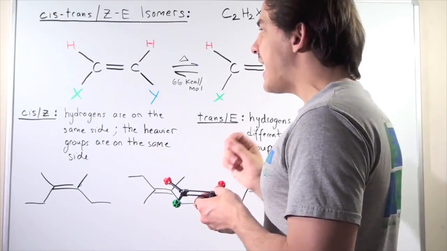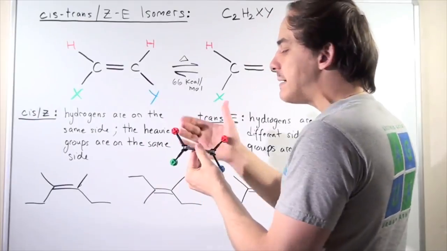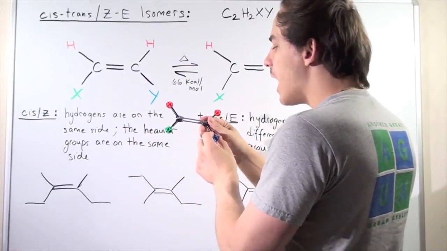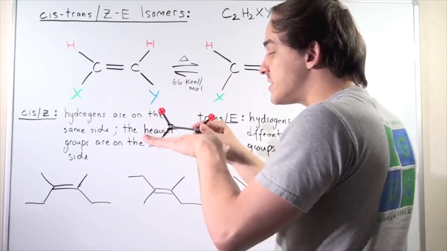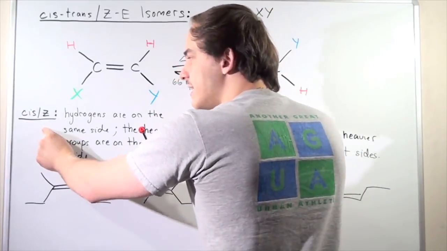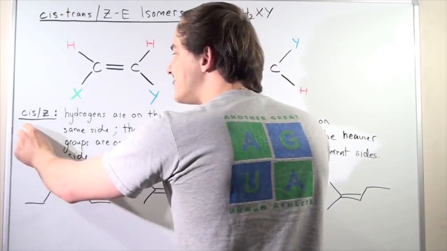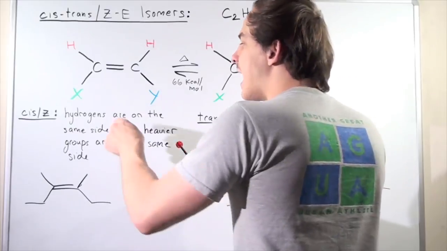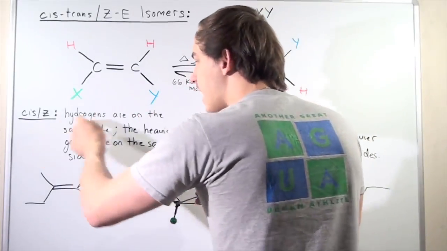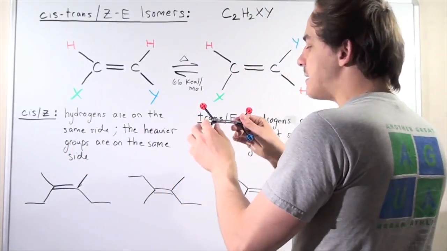Now, whenever we have the two H's on the same side of the plane, or the X and Y, the heavier atoms, on the same side of the plane, we have cis or Z compounds. In other words, we define cis compounds as hydrogens being on the same side, and we define Z compounds as having the heavier groups on the same side.